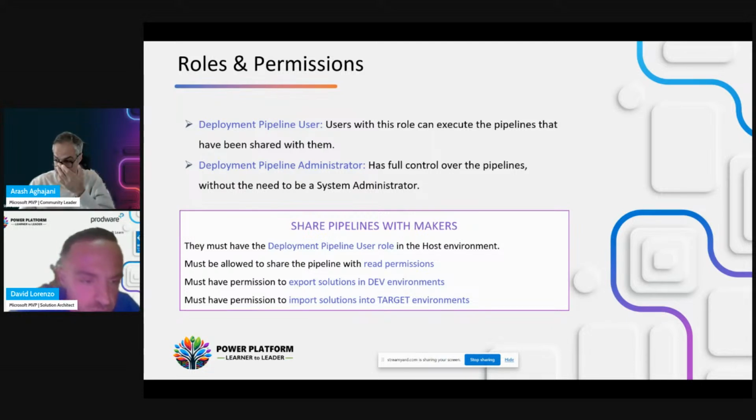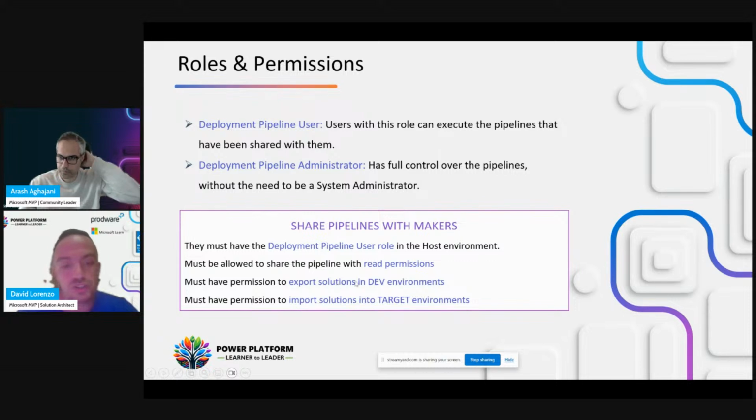Okay, so the last thing: for users to run the pipelines, apart from having the deployment pipeline user role, they must have permission to export solutions in the development environment, and they must have permission to import solutions into the target environment.